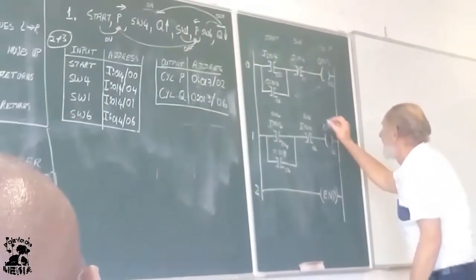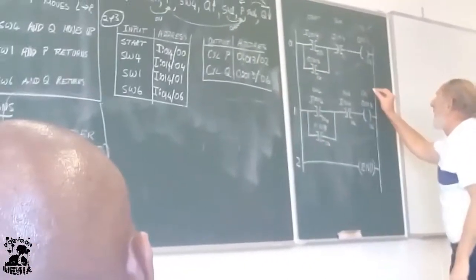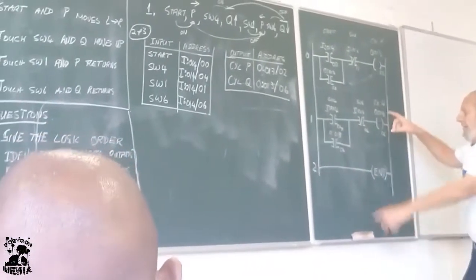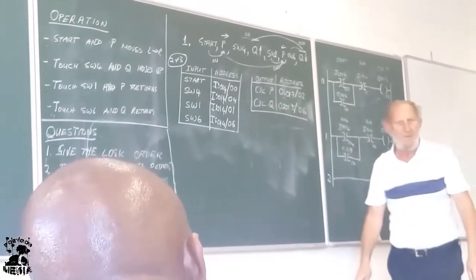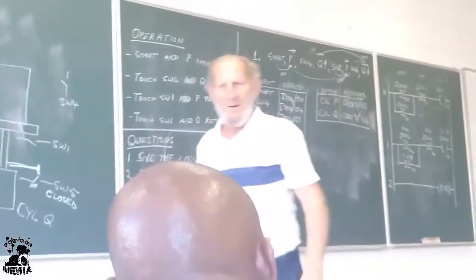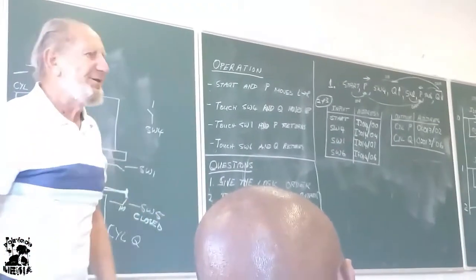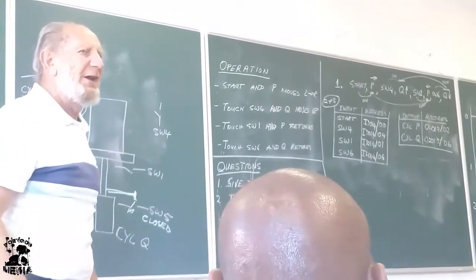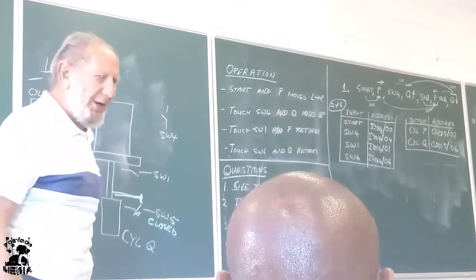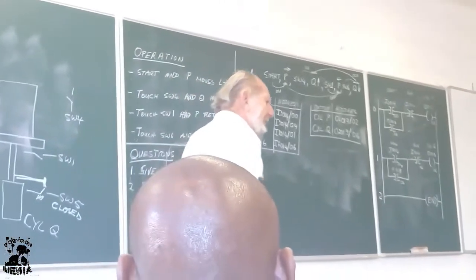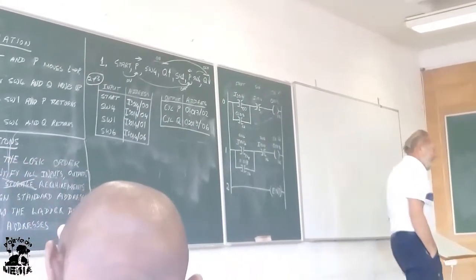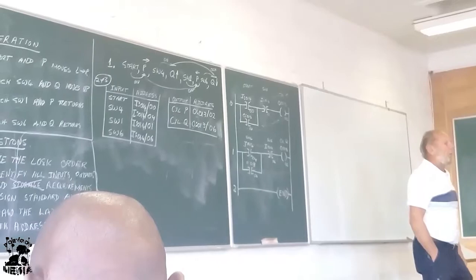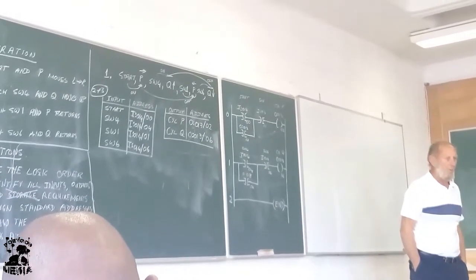That is cylinder Q. That puts the power on, that removes the power. Finished. This question is in every test. It is in every exam paper. Any questions?